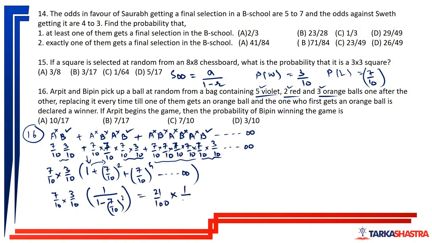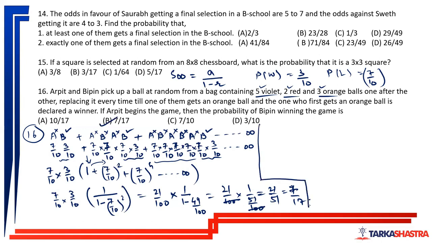Into 1 upon 1 minus 49 by 100, which is 21 by 100 into 1 upon 51 by 100. So this 100 cancels, and this is 21 by 51. This is the probability of Bipin winning. When divided by 3, the probability becomes 7 by 17.